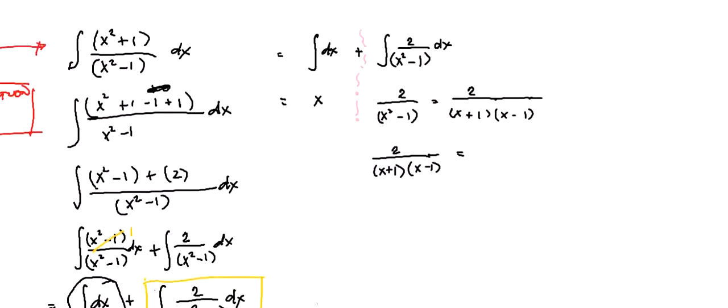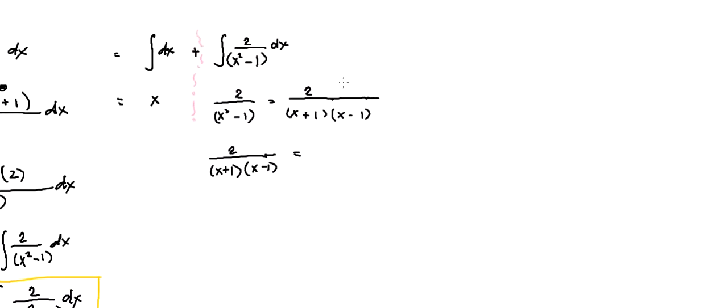So here we say that this is now our technique, it is also equal to A all over x plus 1 plus B all over x minus 1, right? Then right after this, we will multiply it by its LCD, so we have x plus 1, x minus 1.